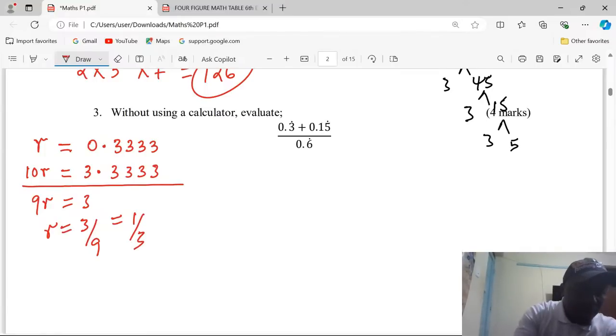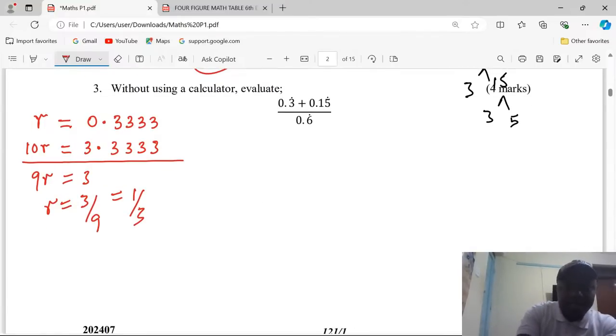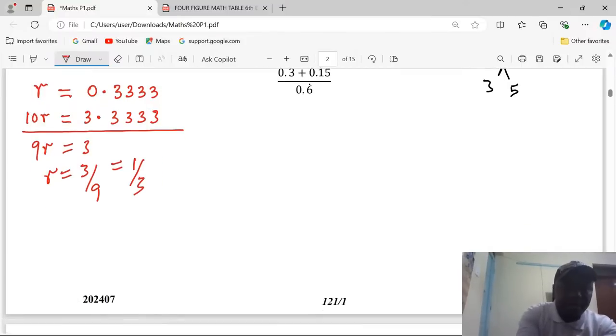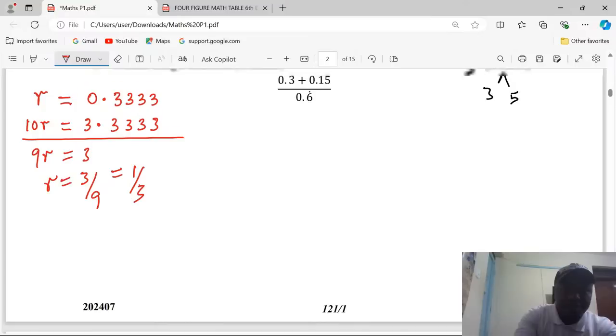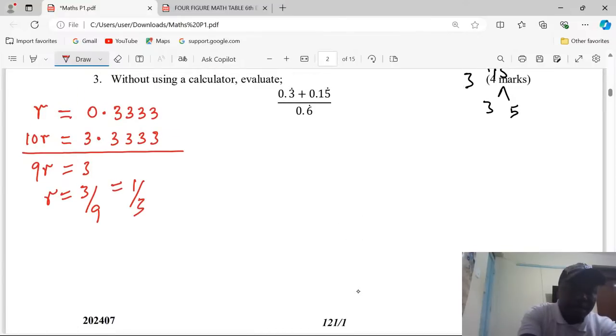The next one. Let's convert all of them first. R is 0.15, so it is the 5 which is recurring.